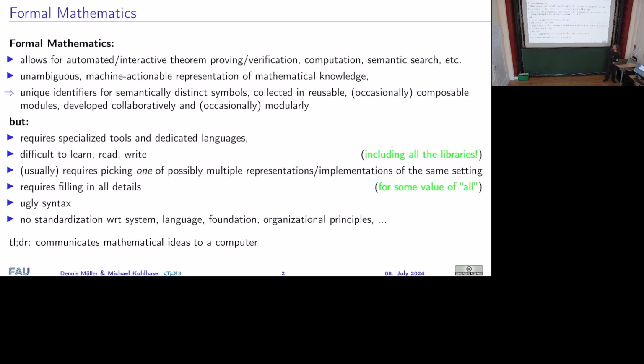You have to be very detailed in all of the things that you need to describe. The syntax ultimately looks ugly from the point of view of an informal mathematician. All of these kinds of things are ultimately just an elaborate and convoluted way to say that the point of formal mathematics is to communicate mathematical ideas to a computer. And most of the drawbacks that come with that are just natural and necessary prerequisites of exactly that.